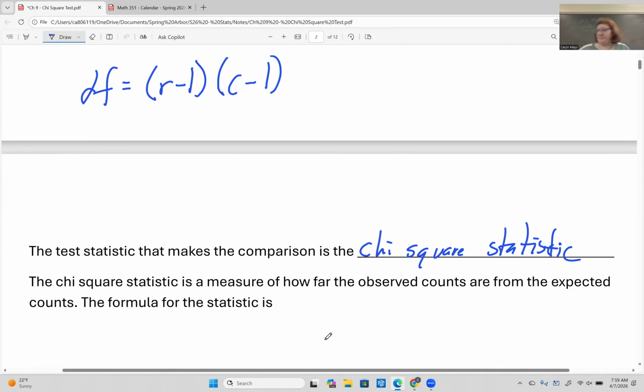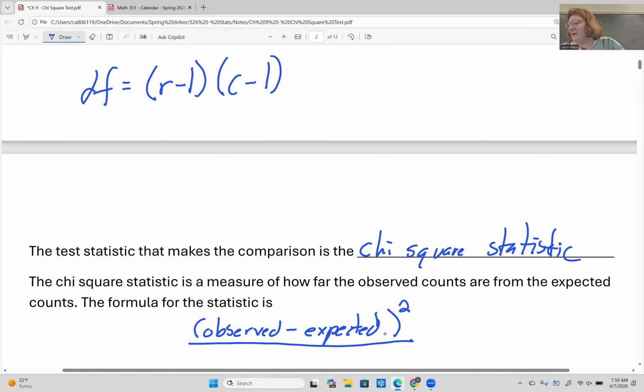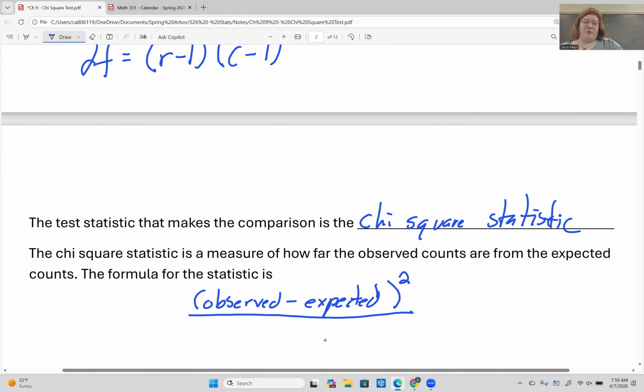The formula is: we take the observed minus the expected for every cell, how far away they are, and we add this distance component that's pretty typical of squaring it. And then we scale it based on what we expect. So observed minus expected squared, divided by expected.